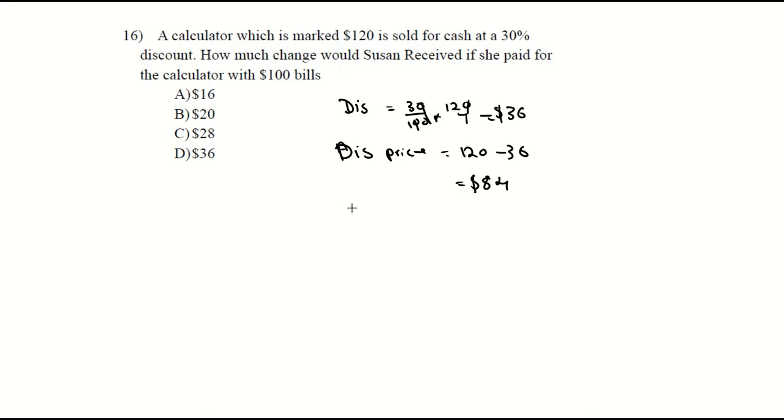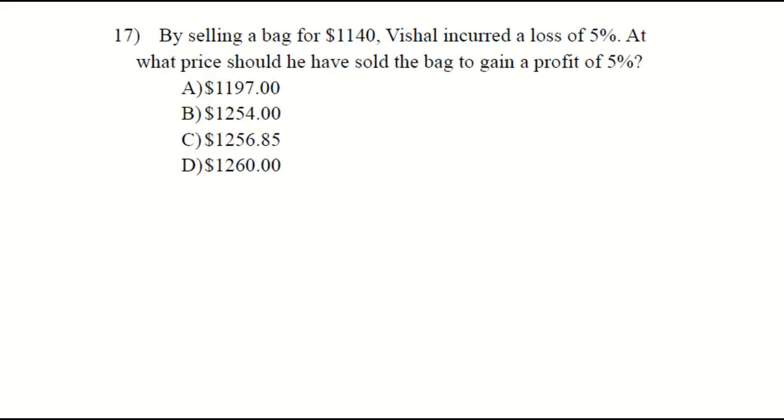So if they want to know the change from 100, 100 minus 84 is equal to 16. So we know that A would be your answer. This is a repeated question, guys, so pay attention to this as well.